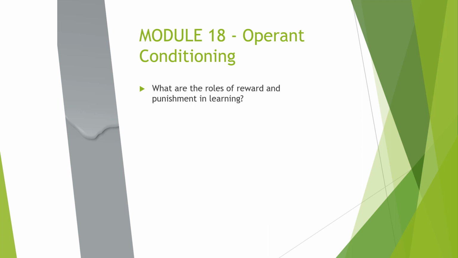You either get rewarded, so you do that same behavior again, so that hopefully you will keep getting rewarded, or you are punished, so you are not going to do that behavior again because you want to avoid being punished. So we're going to talk about the roles that reward and punishment play in learning.